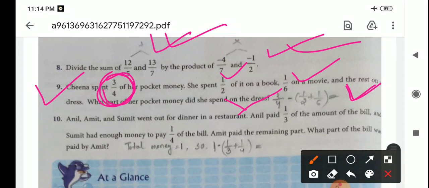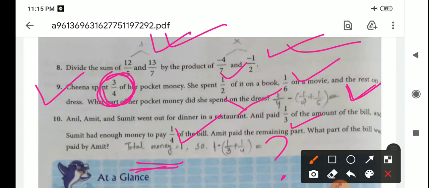So what part of the bill was paid by Amit? Like number 9, we solved number 10. So total means here we take how much? 1. Okay. So 1 minus 1 by 3 plus 1 by 4. If we solve this sum, then we get our answer.